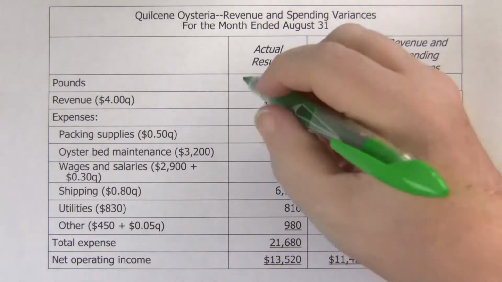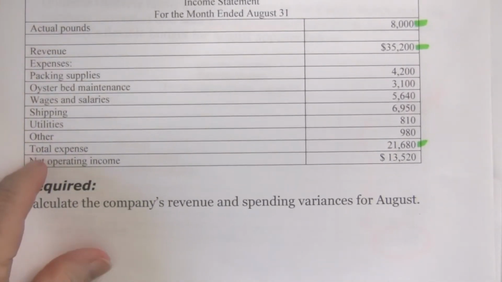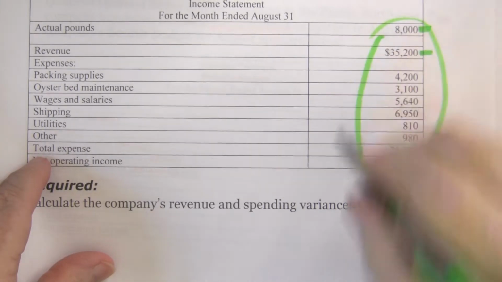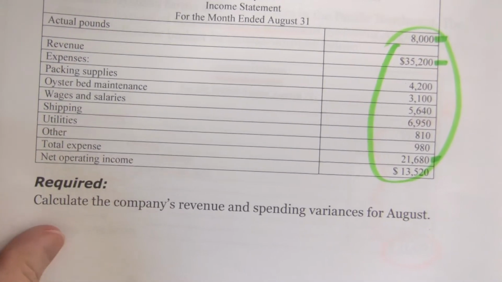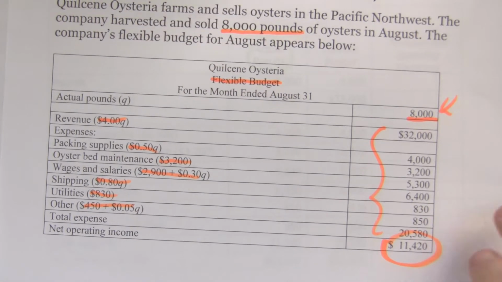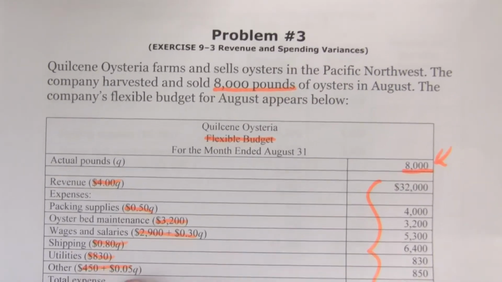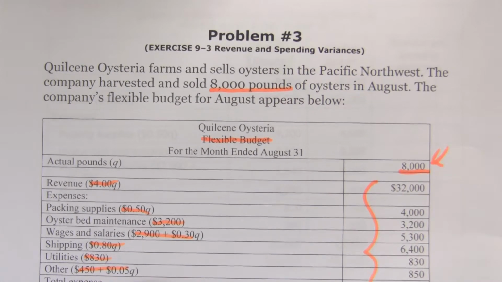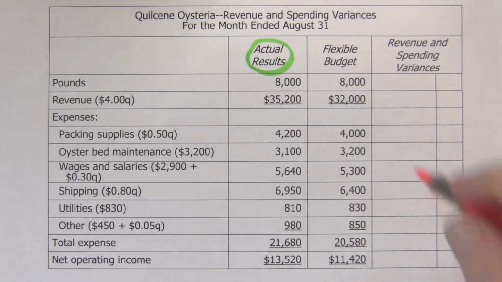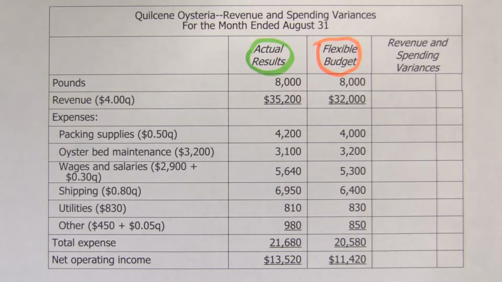The actual results were reported on the income statement. They're the actual numbers. These are the planned numbers. If we get 8,000 pounds of oysters, how much will we make? That's these numbers. Now we're going to look at the revenue and spending variance.